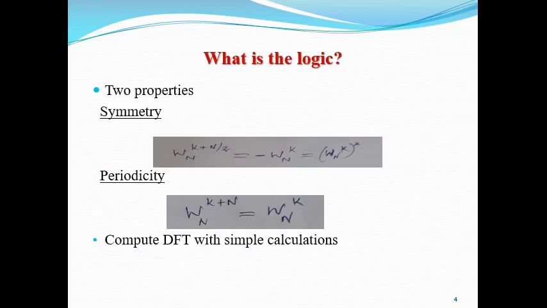So what logic is used in the fast Fourier transform algorithm? There are two properties involved in it. One is the symmetry property, another one is the periodicity property. By using those properties, we can reduce the computation level of the fast Fourier transform algorithm.